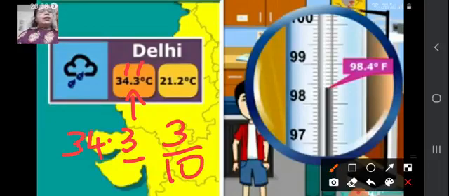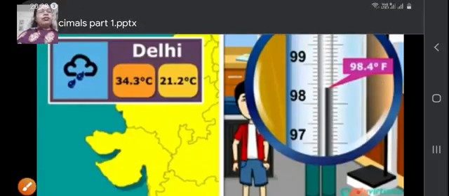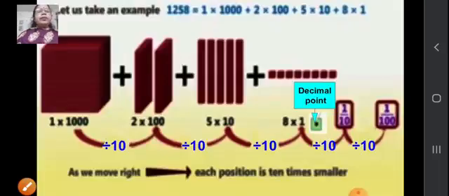Similarly, here in this example 98.4, we have the decimal which separates the ones place and tenths place. So, the number at the decimal at tenths place is 4. Alright. Now, let us look at a few more examples.